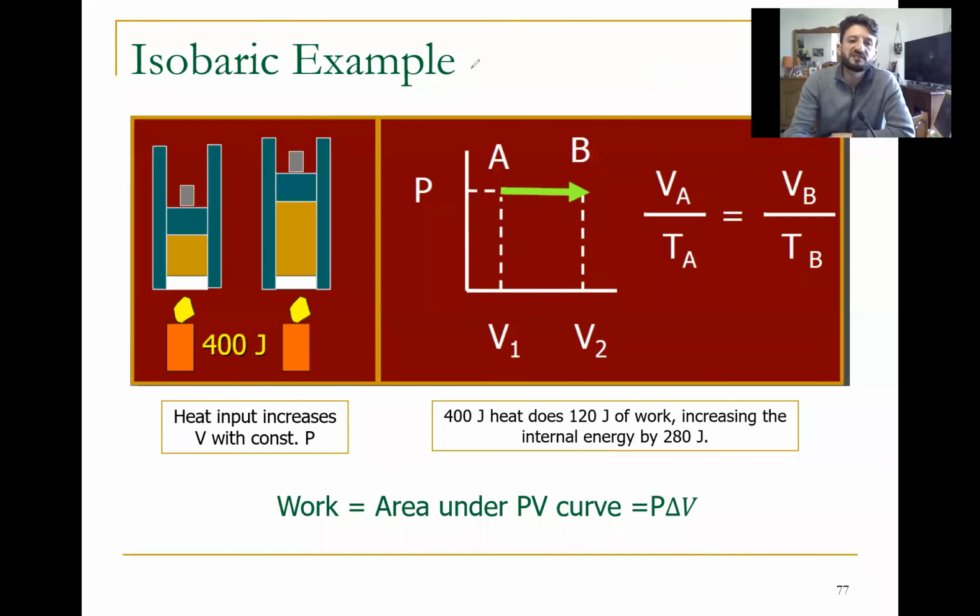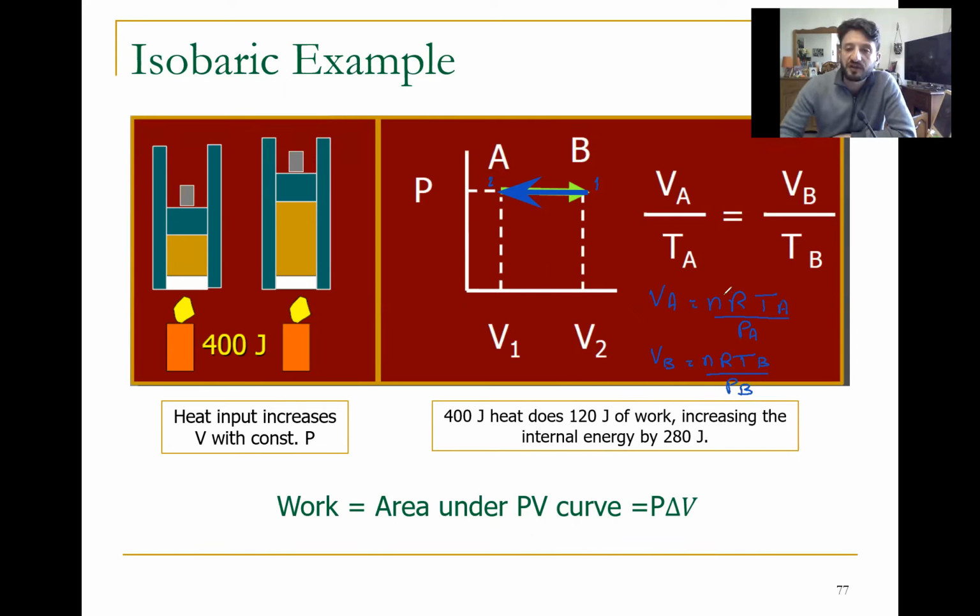Here I take the opposite direction. I go from the initial state at the point B to the point A. Okay, here we have initial state 1 to the final state 2. You know, VA equals NRTA divided by PA, and VB equals NRTB divided by PB.